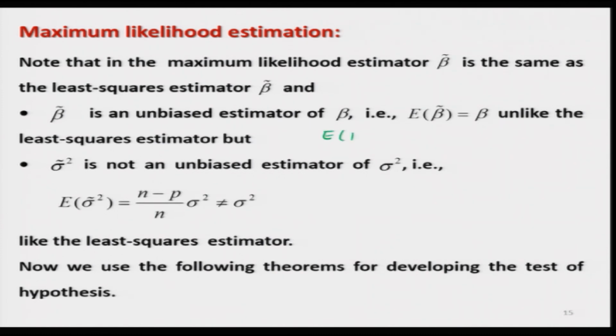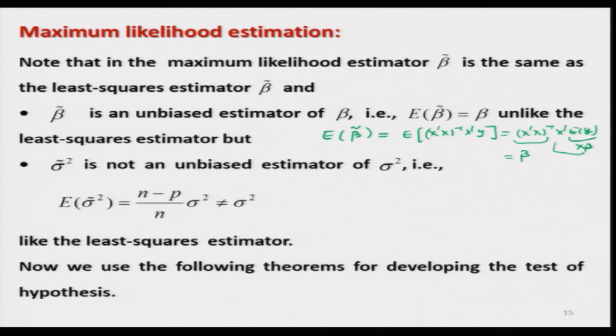For example, the expected value of beta tilde is the expected value of (x transpose x) whole inverse x transpose y, which becomes (x transpose x) whole inverse x transpose times the expected value of y, and the expected value of y here is x beta. So, (x transpose x) whole inverse into x transpose x becomes I, and this comes out to be beta. So, both the ordinary least square estimator and the maximum likelihood estimator are unbiased estimators of beta, right.